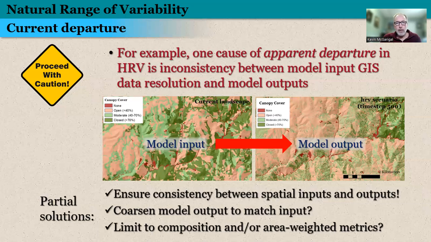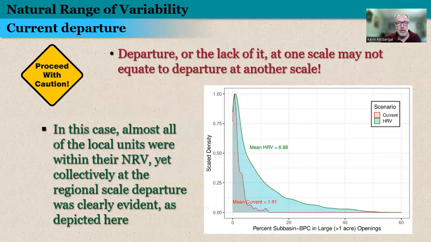So the important point here is just to be aware that when we measure departure and we state departure, we hope that it's all real departure, but we always have to be aware of and check for these other possible causes and make sure that they're minimal, or if they are apparent, take measures to minimize them.